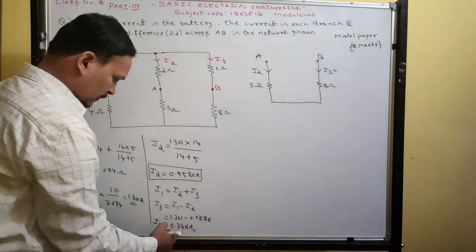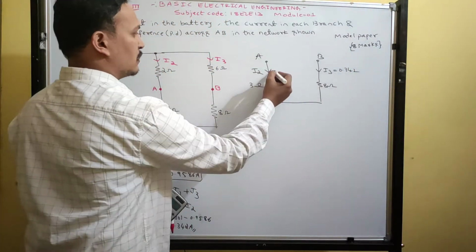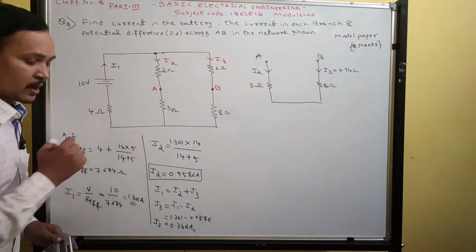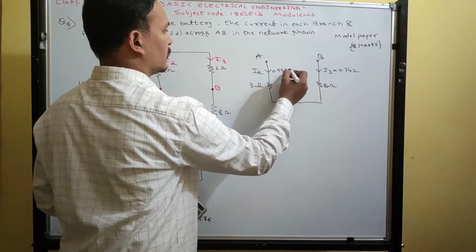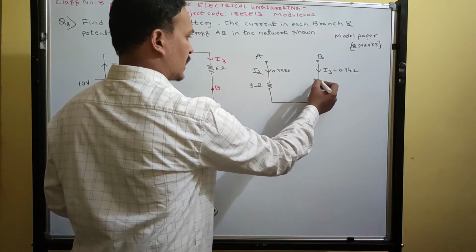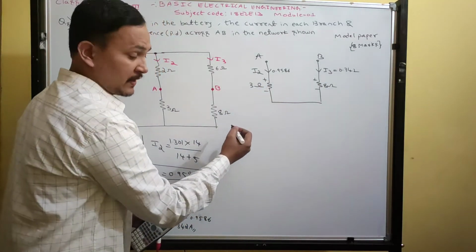What is the value of I3 we got? 0.342. What is the value of I2 we got? 0.9586. So now whenever current enters, mark plus, leaves negative.